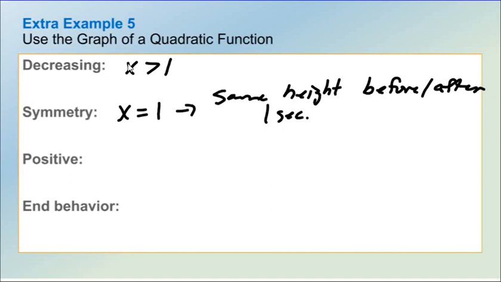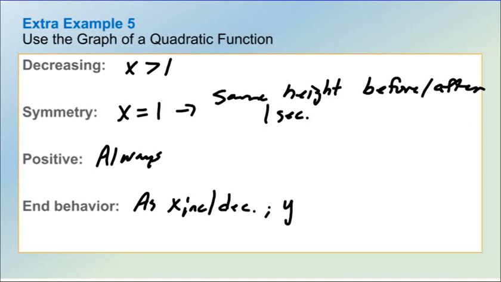Positive, always positive. So we always have positive height and time. And behavior, as x increases and decreases, our y decreases.